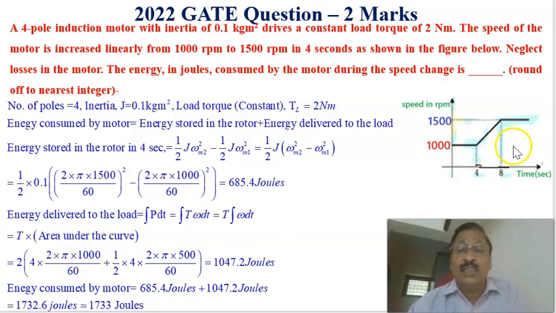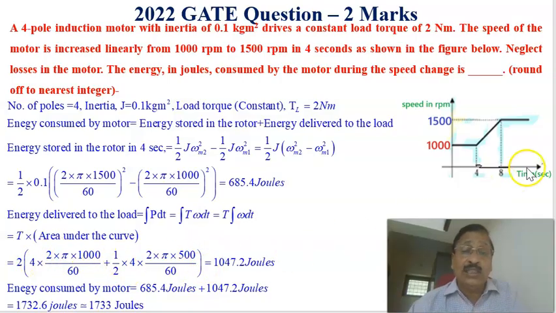Converting it into omega terms, it is 2 pi 1000 divided by 60. Then the area below this is a triangle, so the area is half b h, which is half into 4 into h, where h is 2 pi into 500 divided by 60.